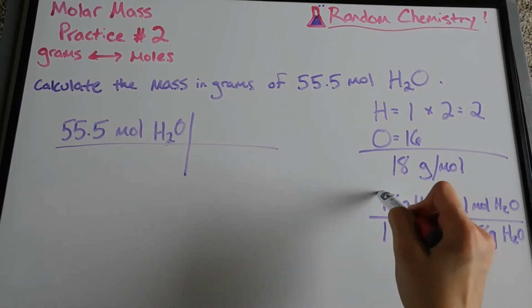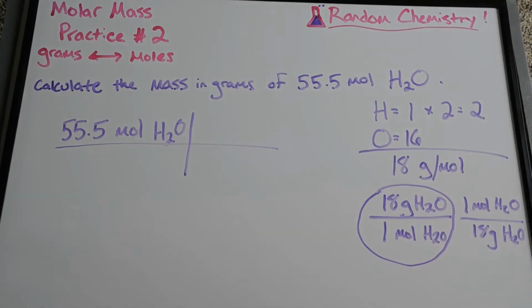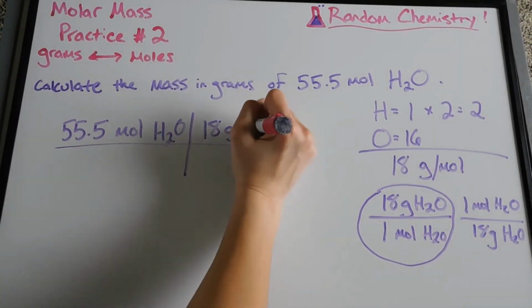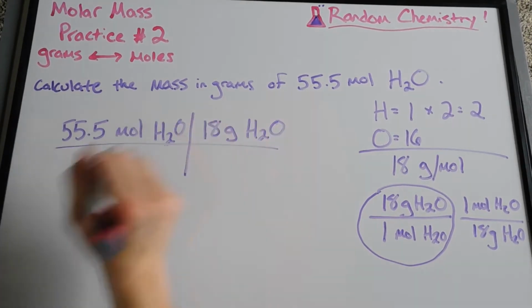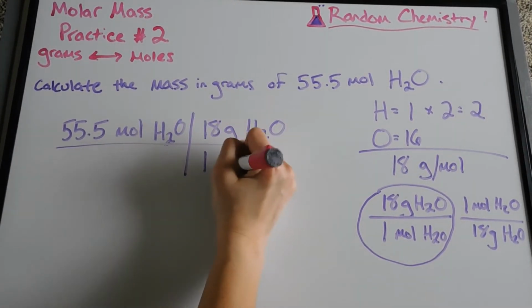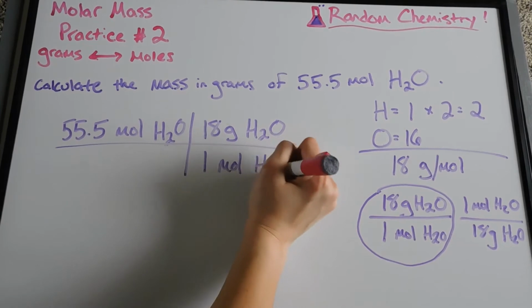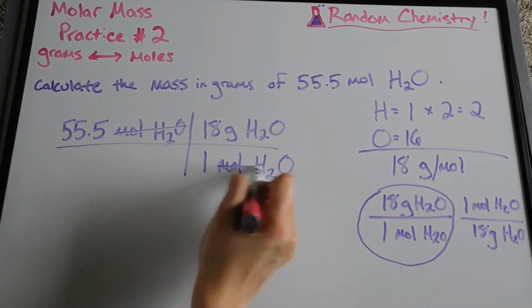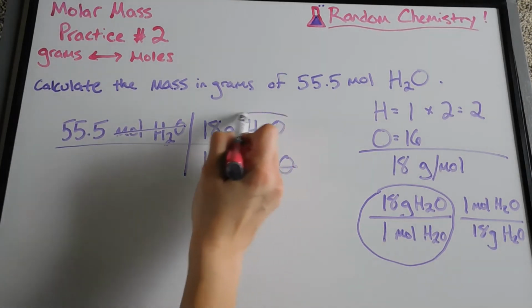So I'm going to use this conversion factor: 18 grams of H2O equal to 1 mole of H2O. So my moles of H2O cancel, and that leaves me with grams.